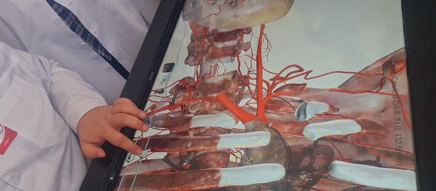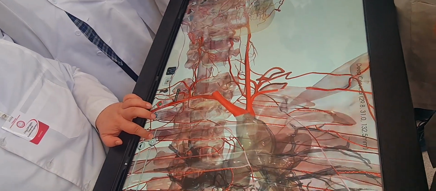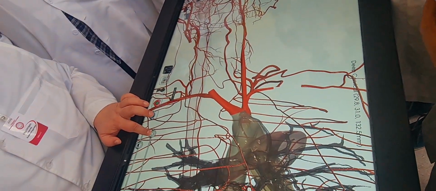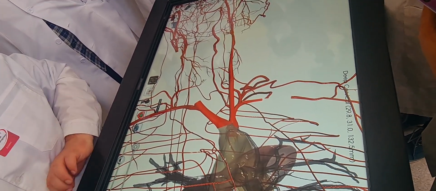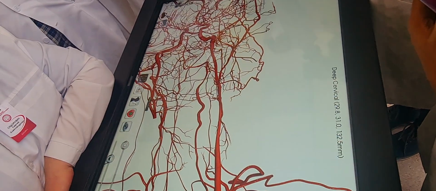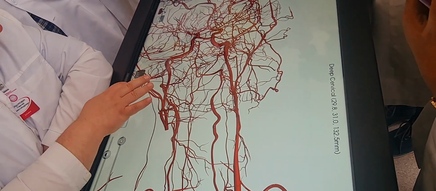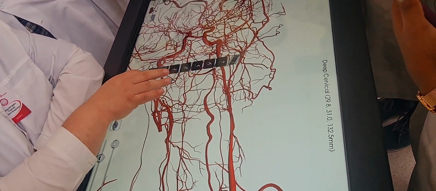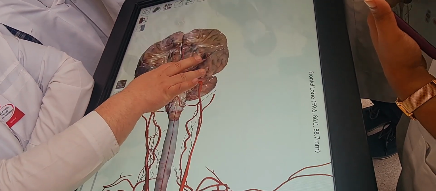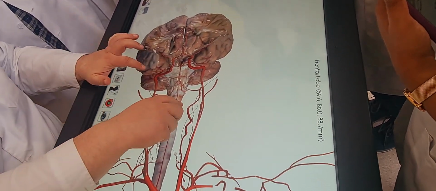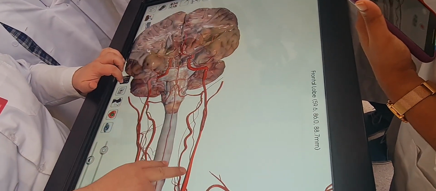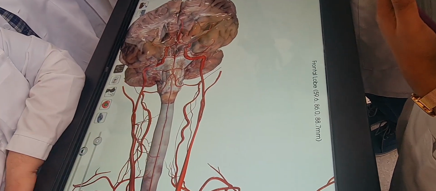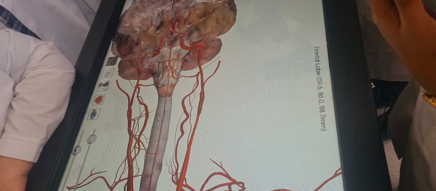Now, what about okay, that is spinal cord. It is spinal cord.